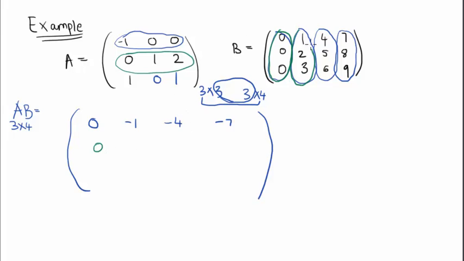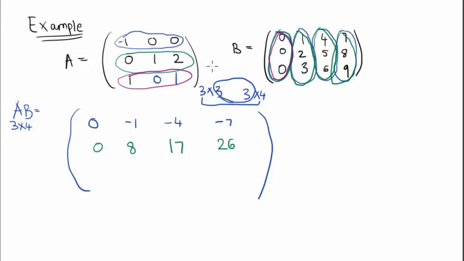Then do it with the second column, 0 times 1 is 0, plus 2, plus 6, this will be 8. And then dot product it with this column, so 4 times 0, 0, plus 5 plus 12, right, so 17. And then the last column, so you get 7 times 0, 0, plus 8 plus 18, so 26, right? And then lastly, I'm going to use a different color for the third row.